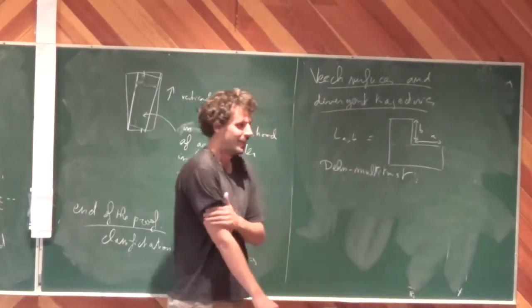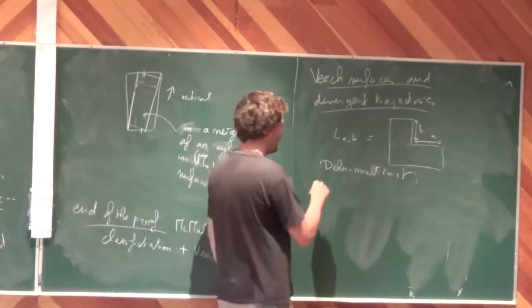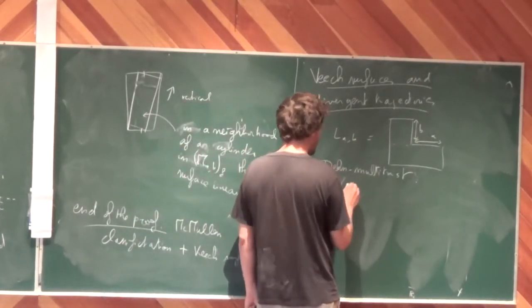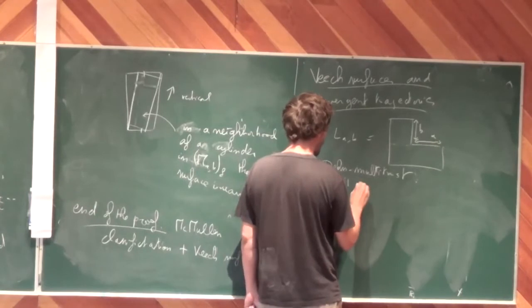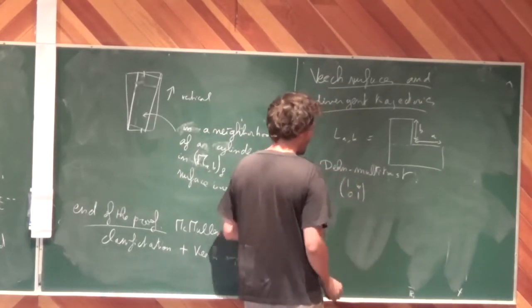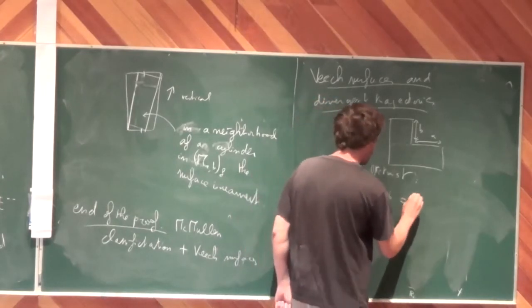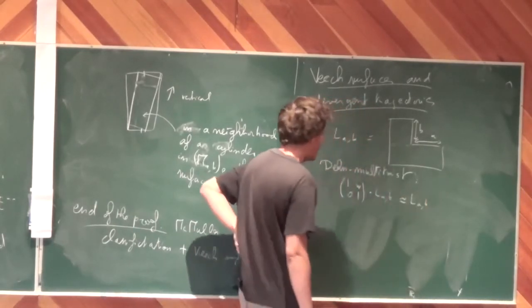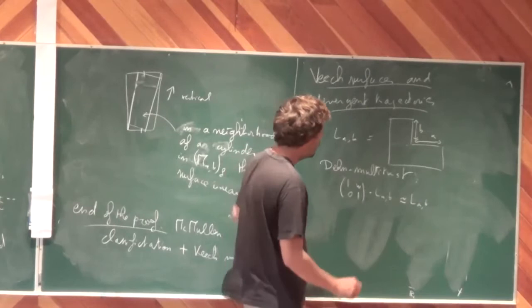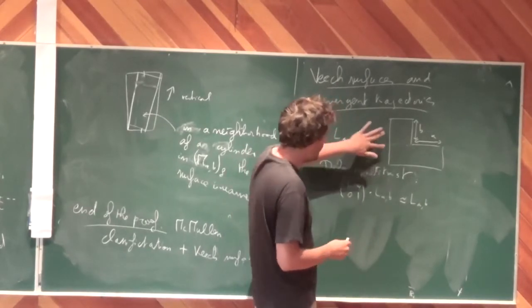Yeah. So what is a Dehn multi-twist? You look at the action of an element which looks like that on the surface, and such that this is isomorphic to L_AB. And such a matrix, so there won't be symmetry here.